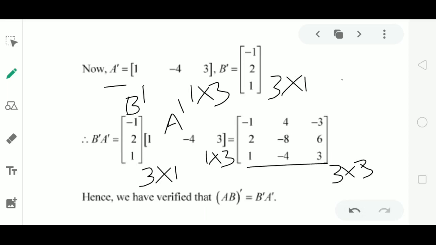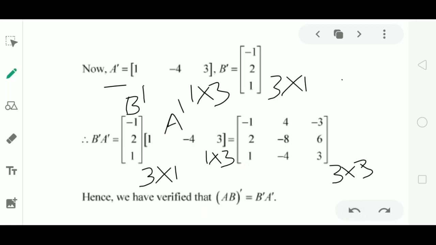For the elements of the third row, we consider the third row of B dash and multiply this third row with each of the columns of A dash. For the first element of the third row of B dash A dash, that is the element lying in the third row, first column, we consider the third row of B dash and the first column of A dash. 1 into 1 is 1.